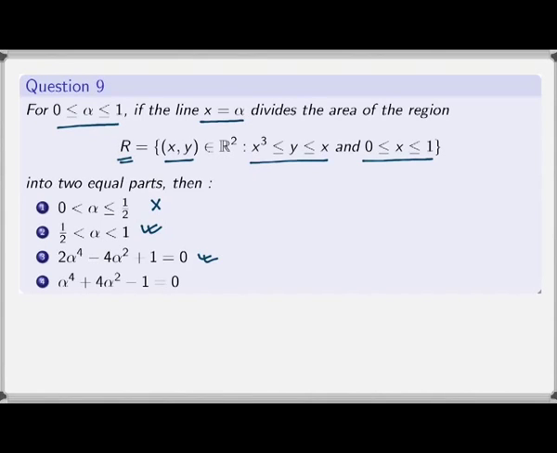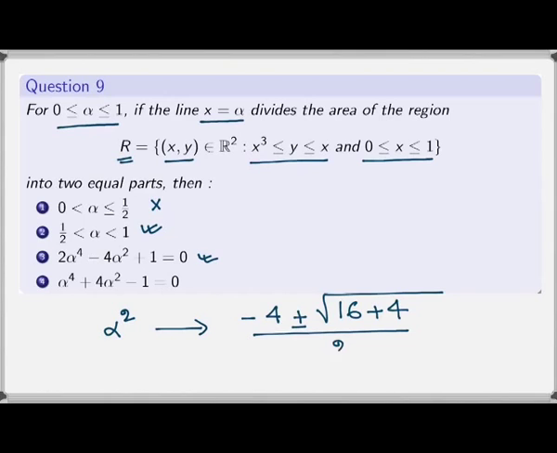So now only we have the option 4 to check. We can see that here the option 4 is a quadratic equation in alpha square. If we solve this for alpha square, we get alpha square is having the possible choices minus 4 plus minus square root of 16 plus 4 divided by 2.